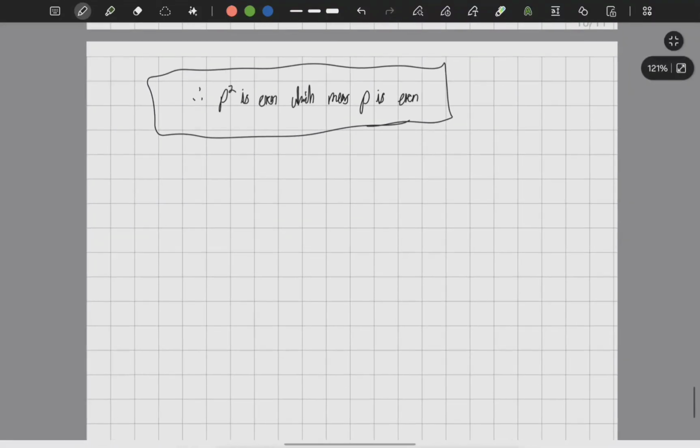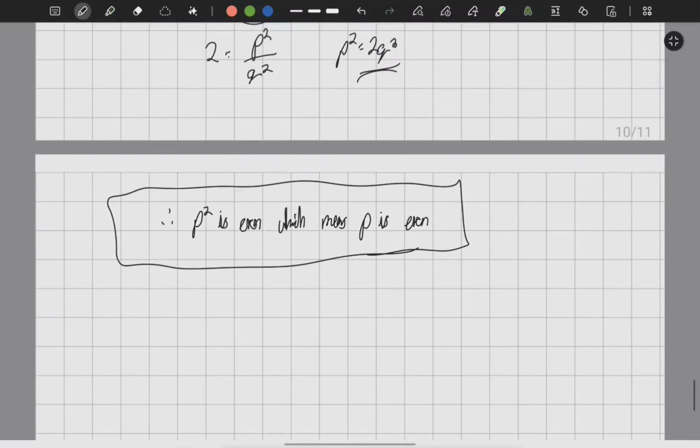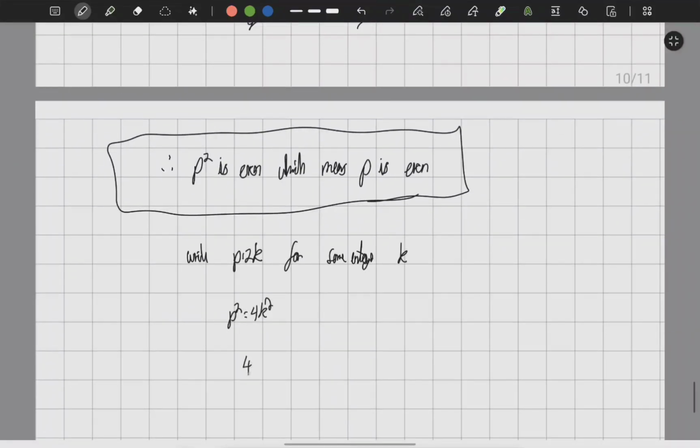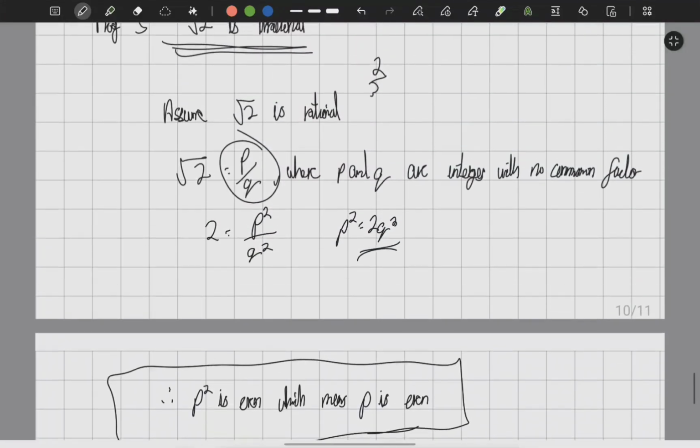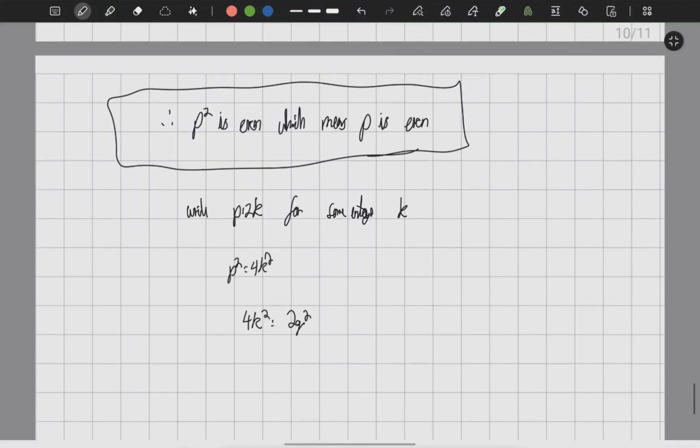So if we say this, then we can write p equals 2k for some integer k. So p squared equals 4k squared. So that means 4k squared is equal to 2q squared from our above, because p squared equals 2q squared, which means that q squared equals 2k squared.